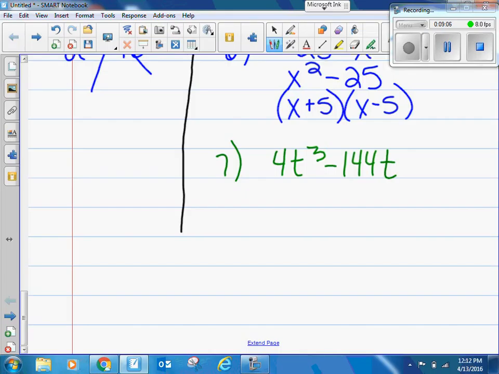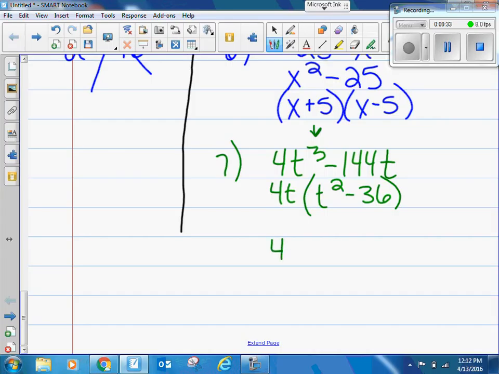Okay, we definitely have to GCF this first. So I'm going to go ahead and pull out a 4, but if you notice, we have not done anything where we are factoring something that is a cubic degree. So I have to take a t out first. I can factor out a 4t, and then I'm left with t squared minus 36. Again, I can still keep going because t squared minus 36 is the difference of perfect squares.